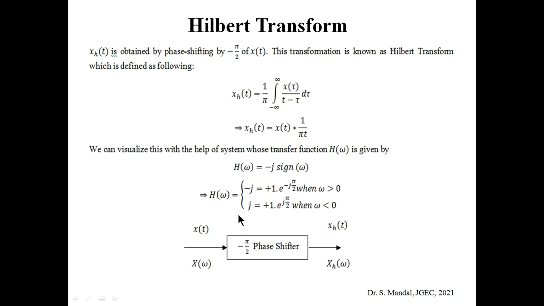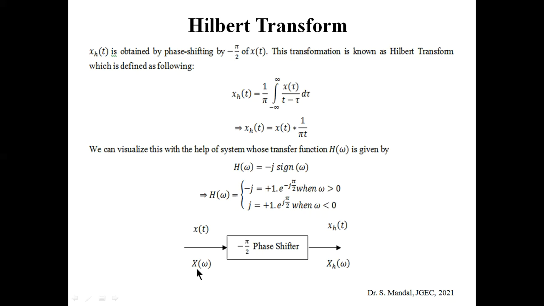This is the transfer function of a minus π/2 phase shifter. That means if we consider this type of block diagram whose input is x(t), we shall get xh(t) at the output end.